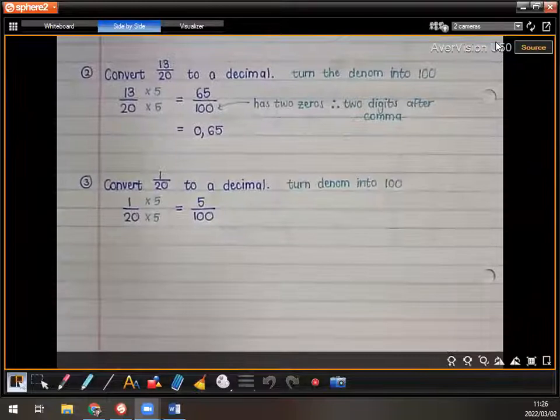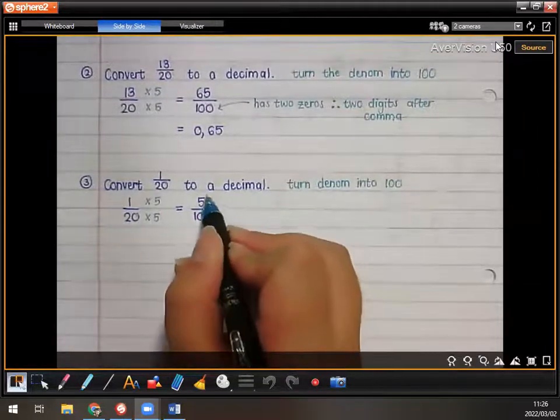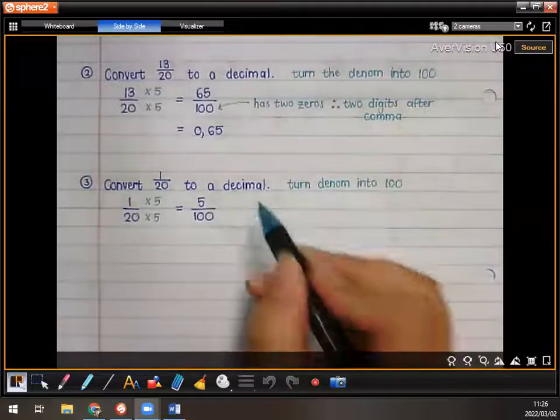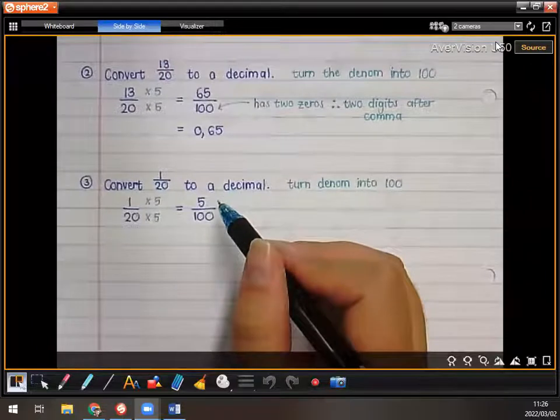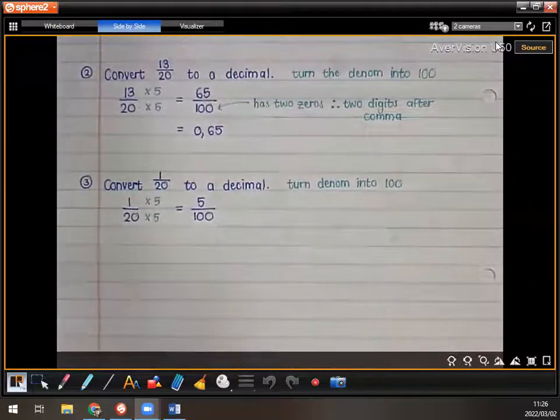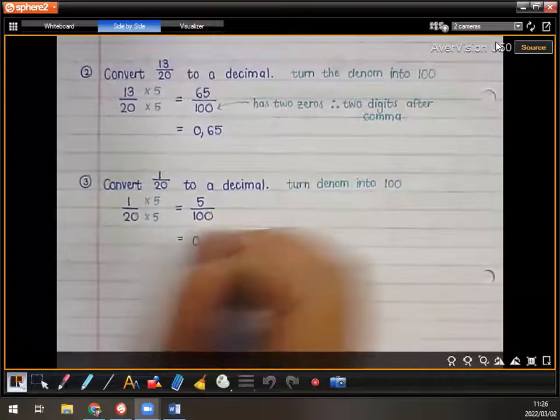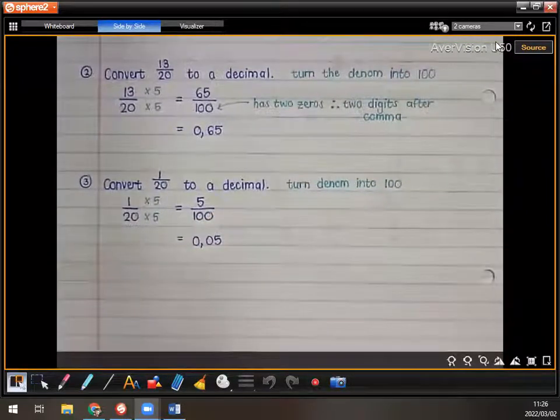So again, we have 2 zeros in the denominator, so we're supposed to have 2 digits after the comma. But now, guys, our numerator only has 1 digit. So now, because we only have 1 digit, we have to put 2 digits down. It's going to be 0,05. You put a 0 in front of that 5, almost like a placeholder.